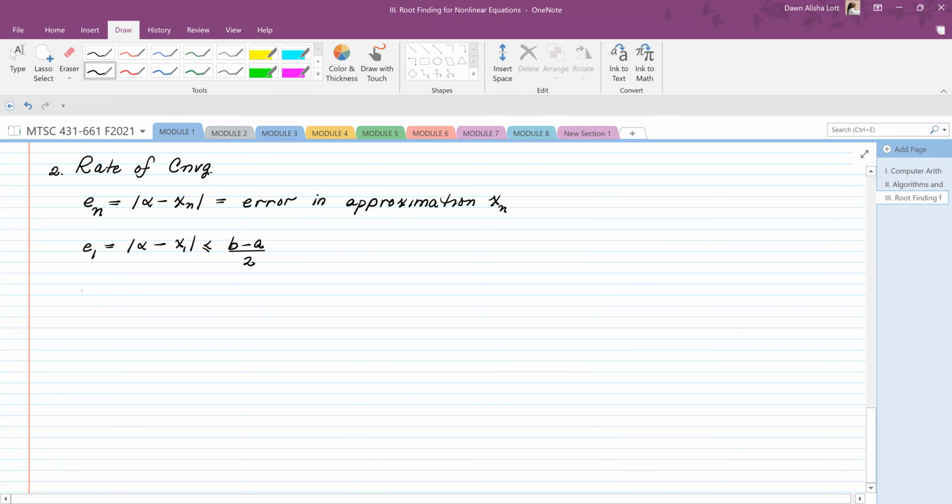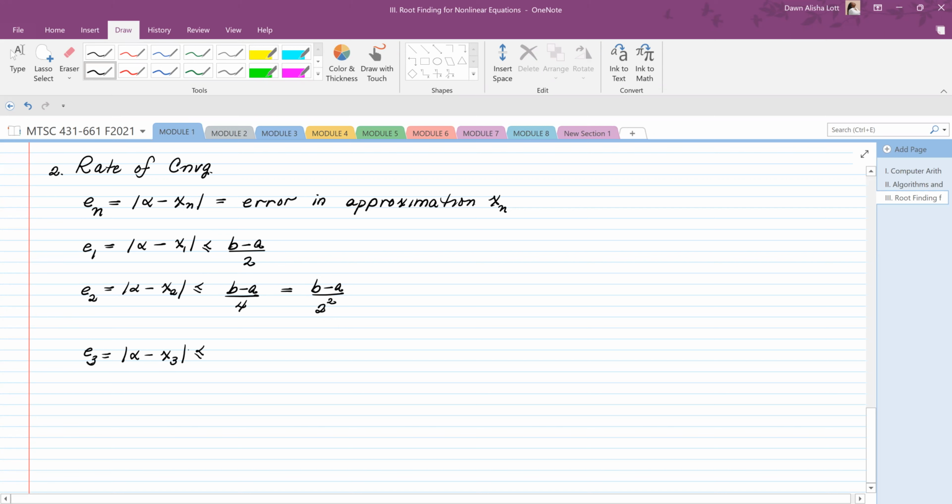E2 is the absolute value of alpha minus x2. That has to be less than or equal to b minus a over 4, which is b minus a over 2 squared. E3 is the absolute value of alpha minus x3.